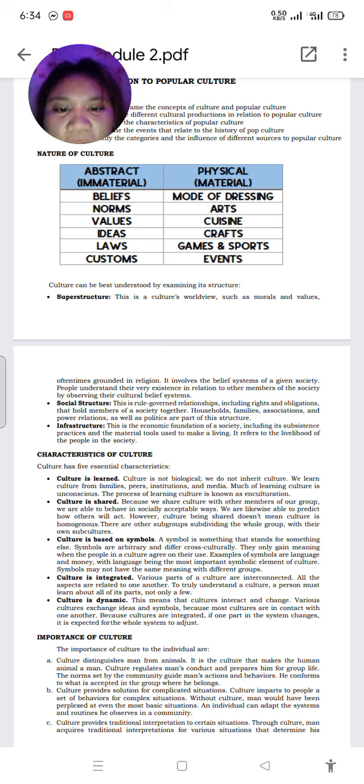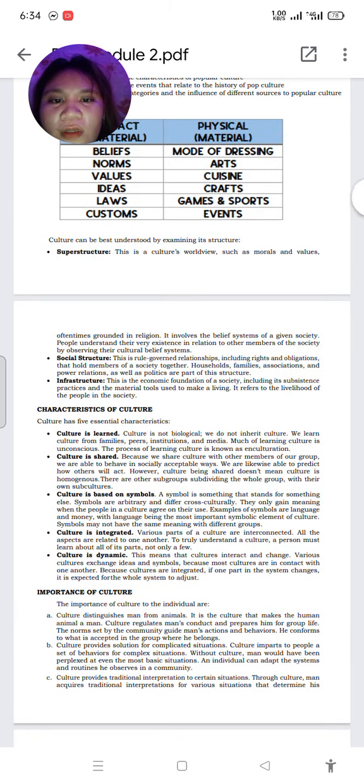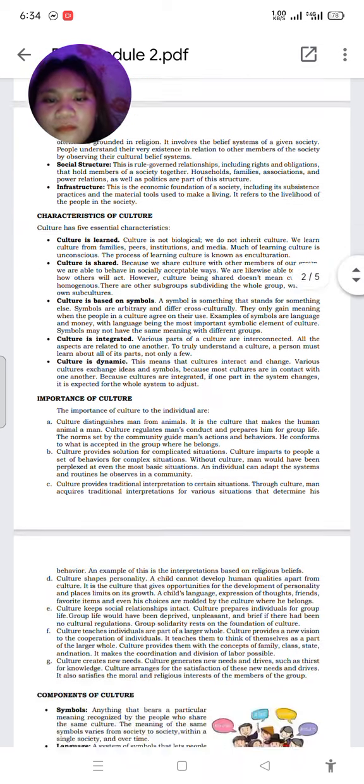This is the economic foundation of a society, including its subsistence practices and material tools used to make a living. It refers to the livelihood of the people in the community. So that is examining the structure of culture.